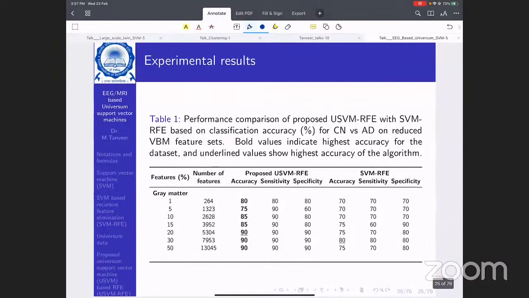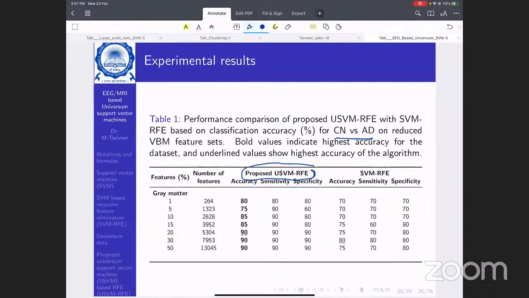Based on our proposed idea, we just used CN versus AD, where CN is a healthy person, control normal, and AD is Alzheimer's disease. So this is a simpler way.